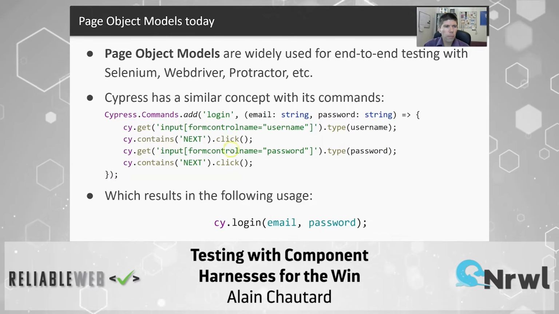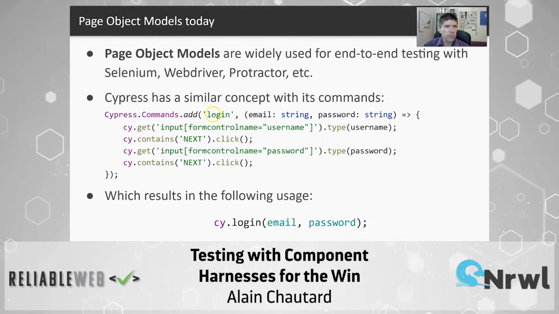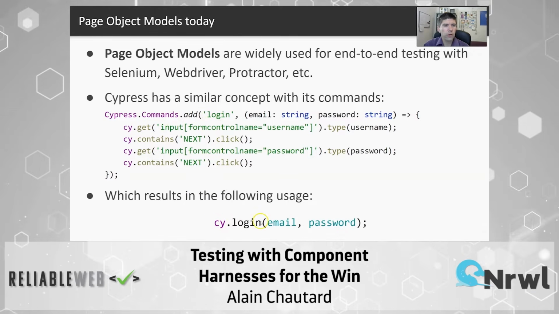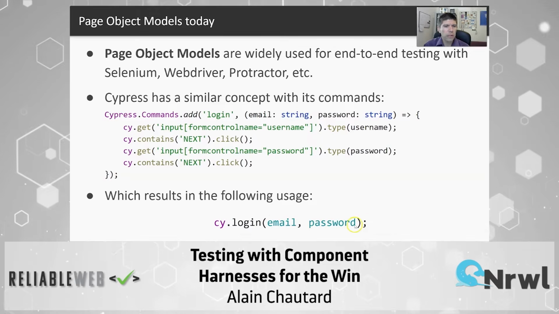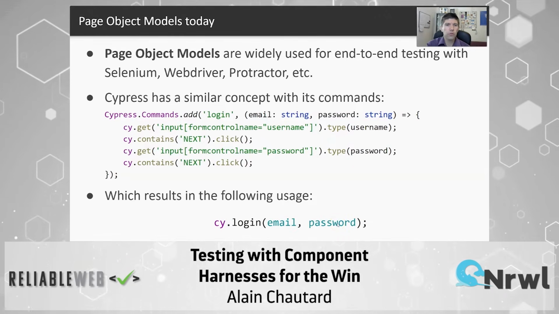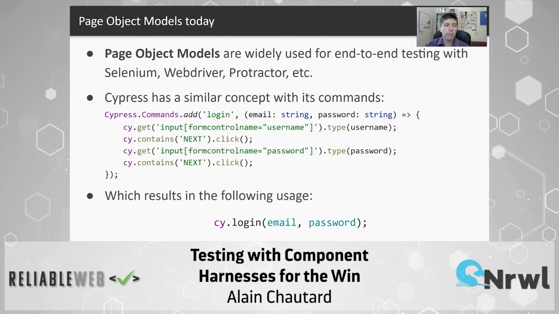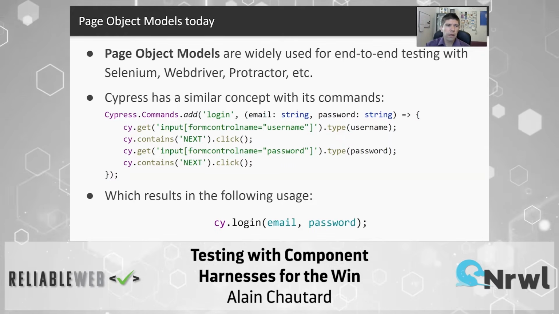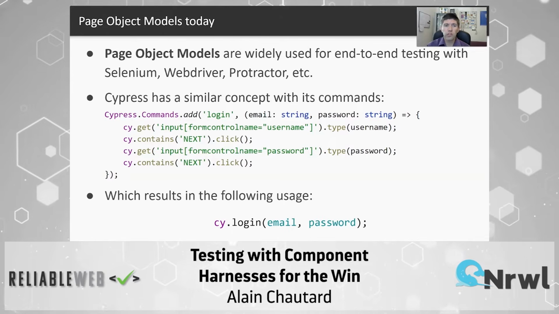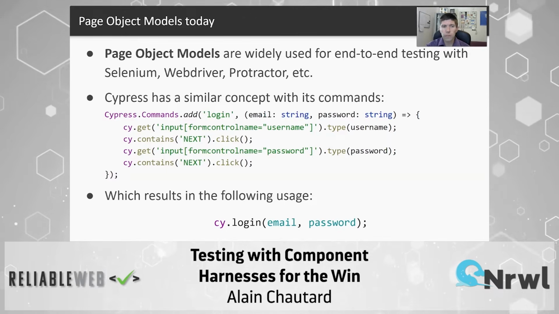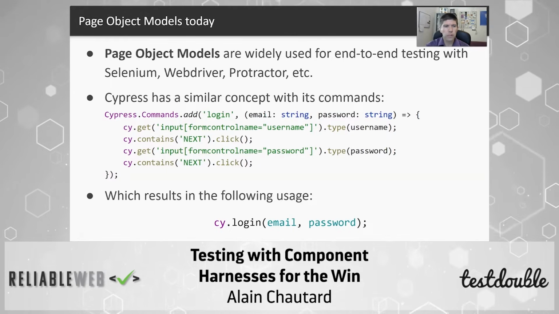And by refactoring this code into a specific command, I can use it as cy.login, passing an email and a password as parameters, which is a lot more readable, a lot easier to understand, and even better if a few months down the line the login process changes because the user interface becomes different or a selector has to change in any of these instructions.